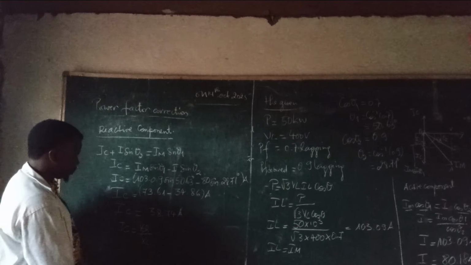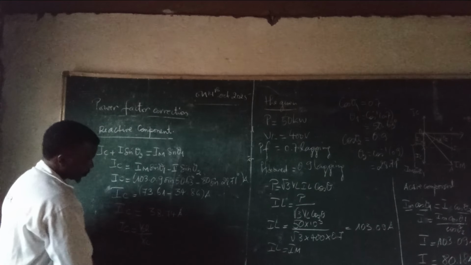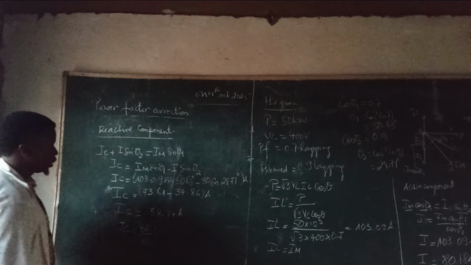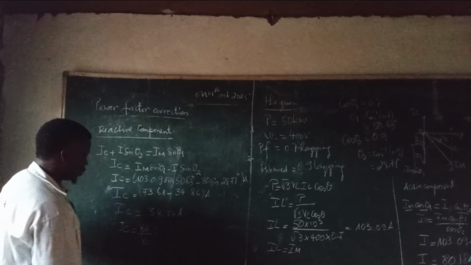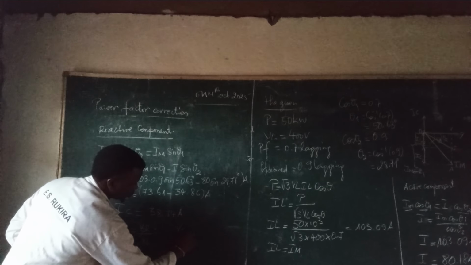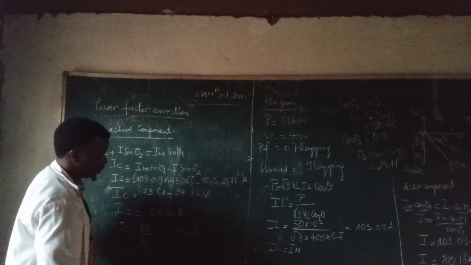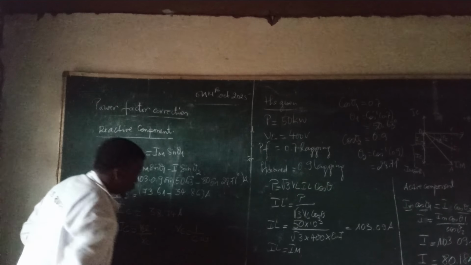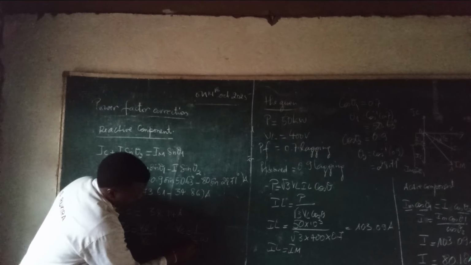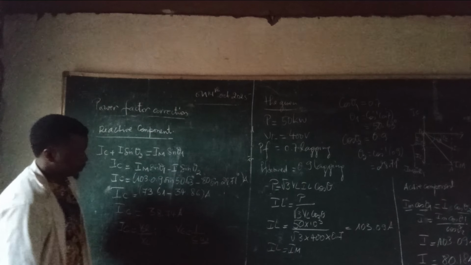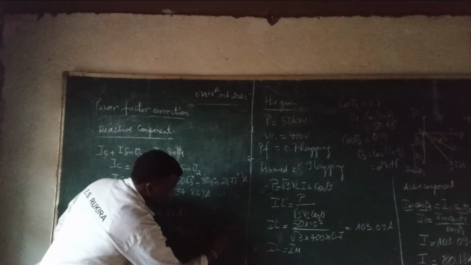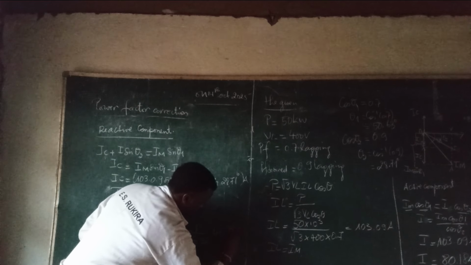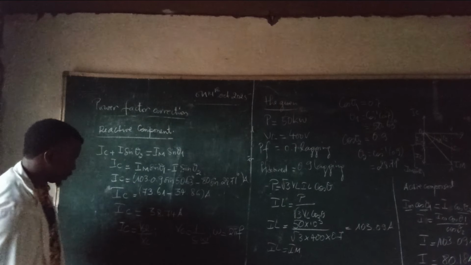Now, let's proceed to our question. Remember, XC is equal to 1 over C W, where C is the capacitance and W is the angular velocity. For our case, the angular velocity W will be equal to 2 pi F, where F is the frequency.